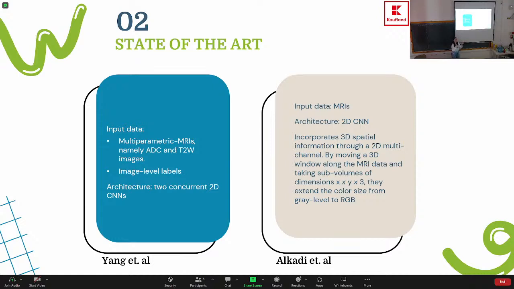X represents the height of the image, Y represents the width. The bad thing for this architecture is that it doesn't use all the volume, using only 3 slices, which doesn't necessarily give all the spatial information that we need for, say, a prostate cancer that covers 20 slices.